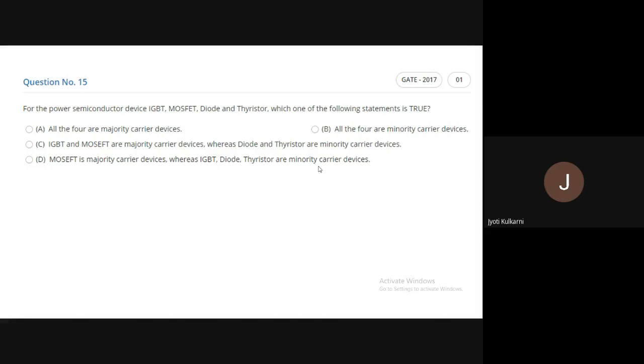No, ma'am. Okay, fine. Very good. Now what is a majority carrier and what is a minority carrier?